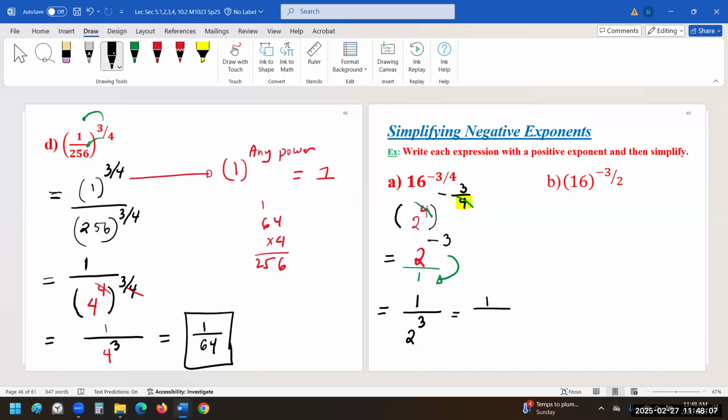What do you get? 8. So the answer is simply the fraction 1 over 8. We rewrote this 1 over 8 into a harder number, 16 to the -3 power. Try the next one. Based on the denominator, you rewrite your base.